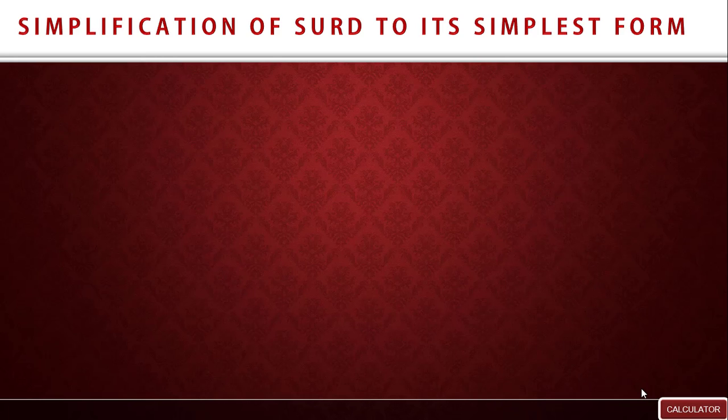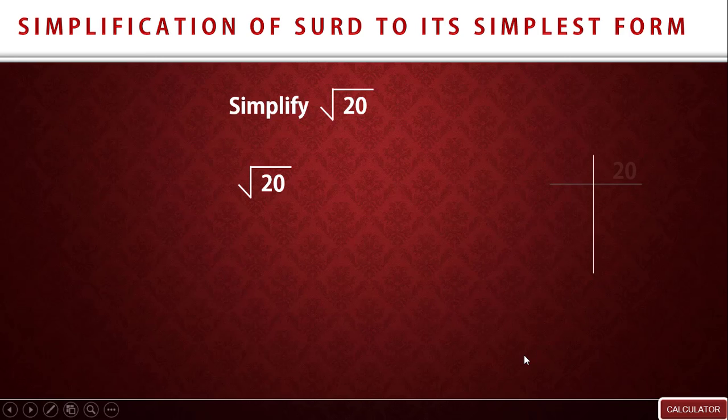Example 2. Simplify the square root of 20. In order to simplify the square root of 20, we want to make use of short division. So draw a line for short division, then put your 20 to the right. Next, which smallest number apart from 1 will go in 20?